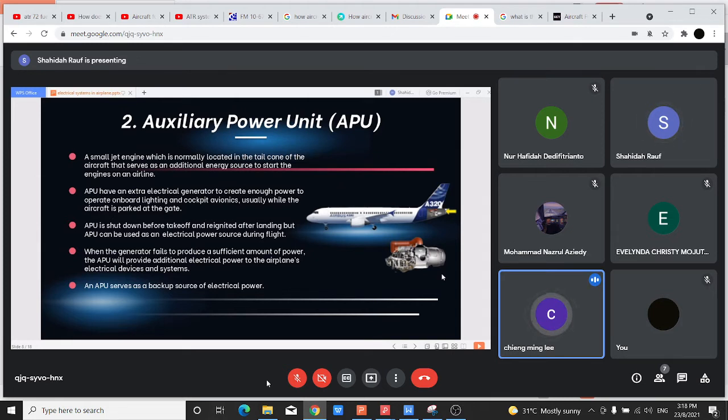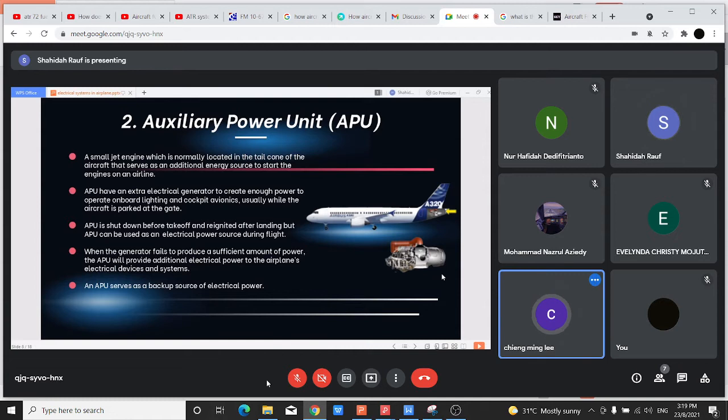So in case of emergency, total loss of electrical power, meaning no power from your generator, either from your engine or from your APU, you can use the battery to last for 20 minutes. This battery power is only supplied to critical systems, normally only one side, the captain's instruments.